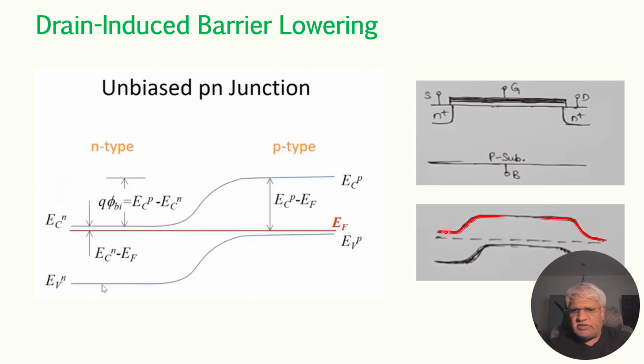If we understand how it changes when it is unbiased and biased, then we don't need to draw the Fermi levels and valence band in different scenarios. They will be automatically adjusted. That is what we can think of.